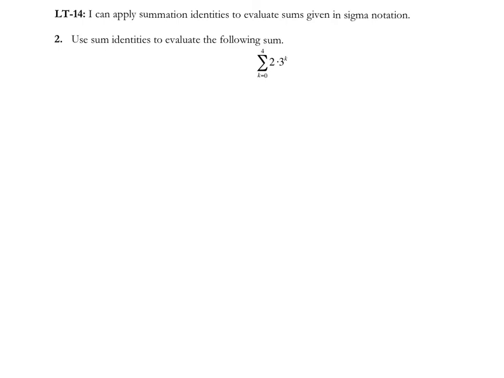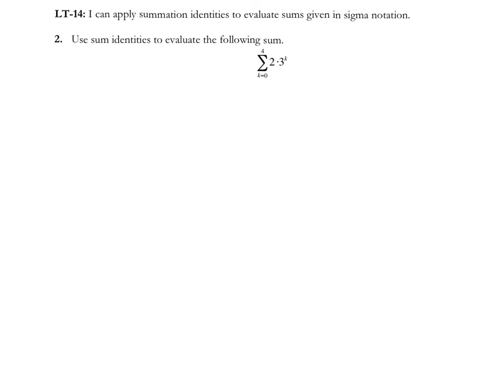Okay, so on the inside of this sum, I always like to check: is it just something plus something else? Is it just a sum on the inside? In this case, it's not, so we can't break it up as the sum of two separate sigmas. However, if you notice, we have this 3 to the k piece over here, and that's all being multiplied by this constant 2.